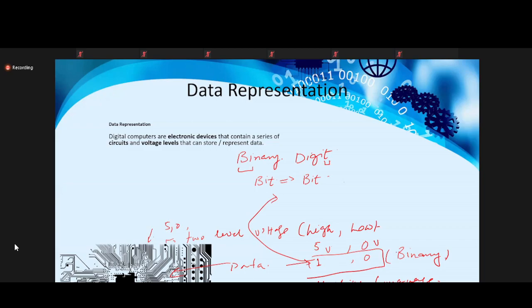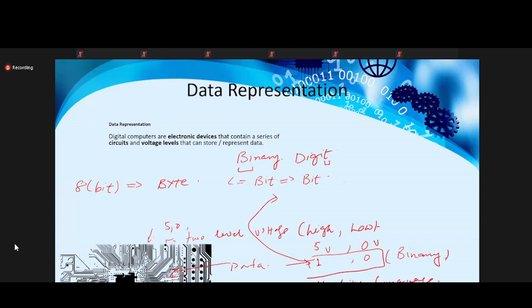So 1 bit, 2 bits is too small to represent the whole lot of information inside the computer. So what the computer does is group the bits in groups of 8 bits, which has a specific name, what we call a byte. Right? Everybody is remembering this stuff we talked about, I think, last week.